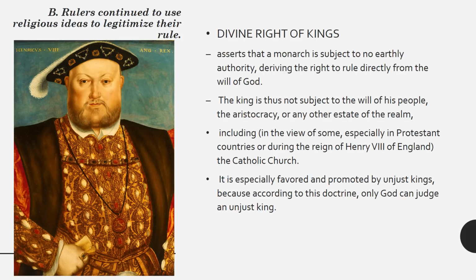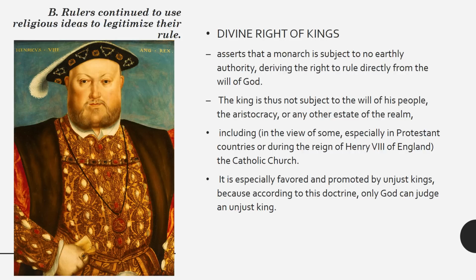It's the old Egyptian pharaoh method, that there's a monarch who is not subject to any other earthly authority, whether that is the Pope or any other church dogma. They get their right to rule directly from the will of God. And therefore, they're not subject to anybody on earth's authority, whether it be aristocracy or other estates or the people, forget the people.